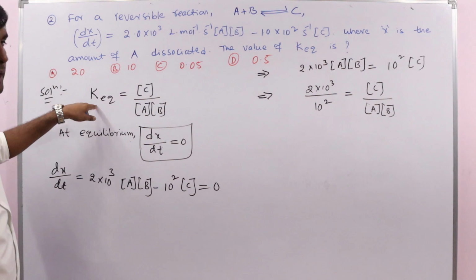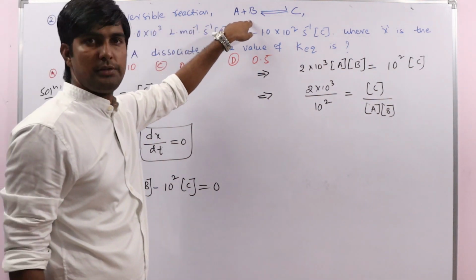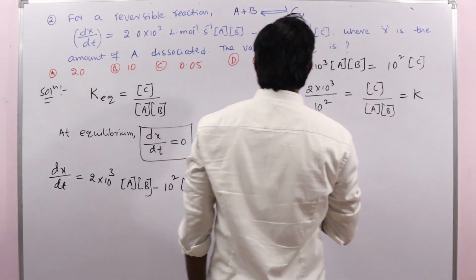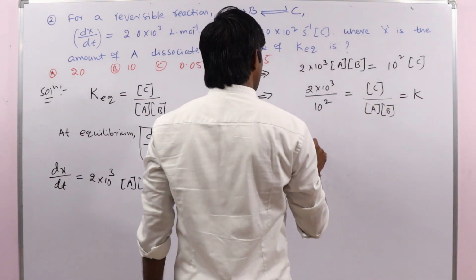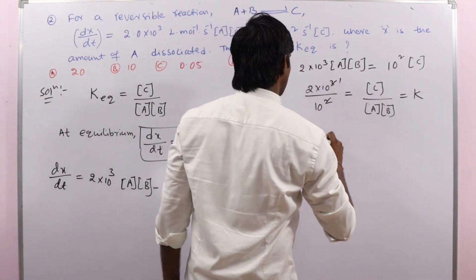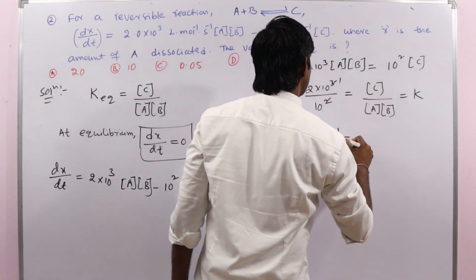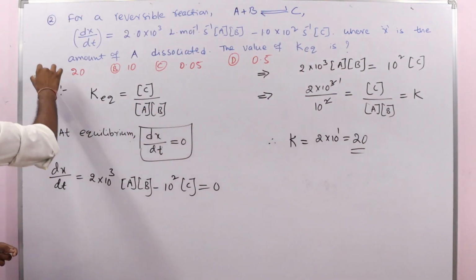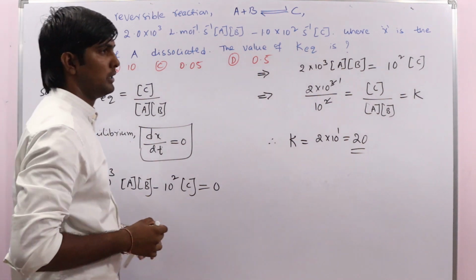This is nothing but the equilibrium constant for this reversible reaction, that is K. So K is equal to 2 into 10 power 1, that is nothing but 20. So what is the value of the equilibrium constant? 20. So the first option is the answer.